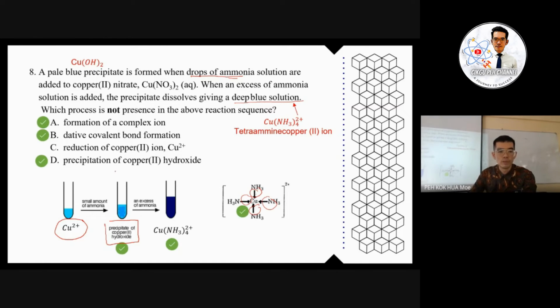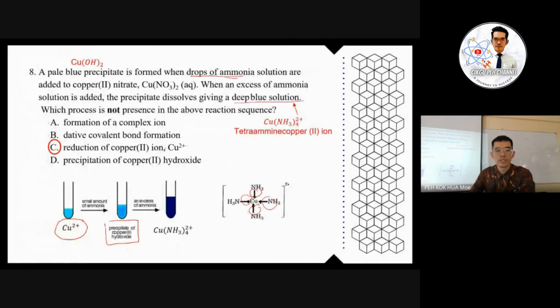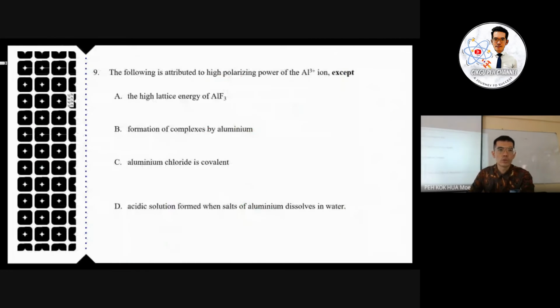And then the precipitation of copper(II) hydroxide forms with a few drops of ammonia, a pale blue precipitate. So C is wrong. Why? Because we do not have any reduction process here. So the answer is very clear, it is C.